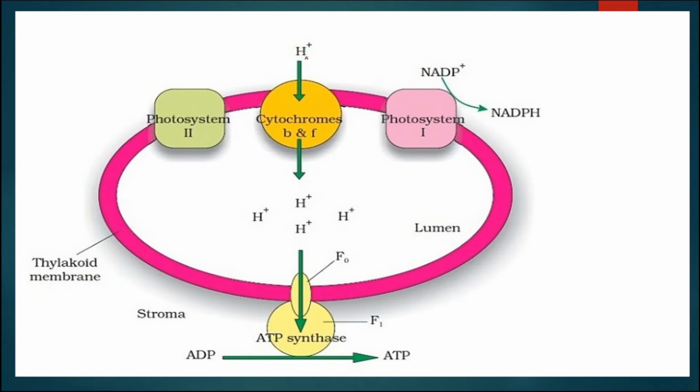Here the proton gradient will come through this cytochrome, enter into the lumen and create the proton gradient. Then protons will move through this ATP synthetase enzyme, which is present in this membrane, towards the stroma. During this phenomenon, ADP combines with inorganic phosphate to produce ATP, and this is the process of chemiosmosis.